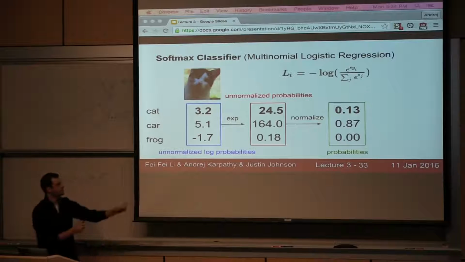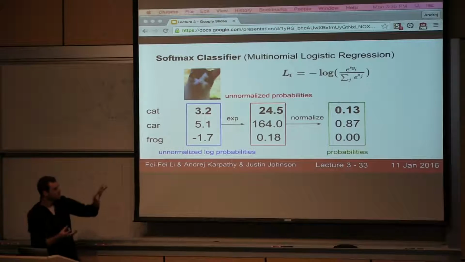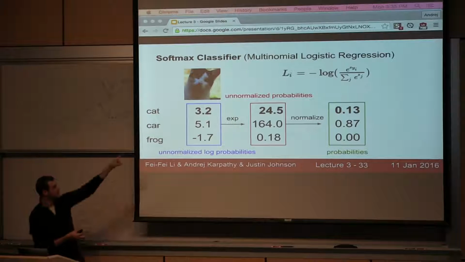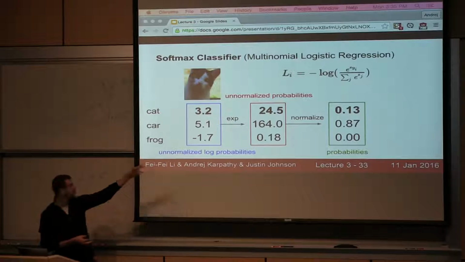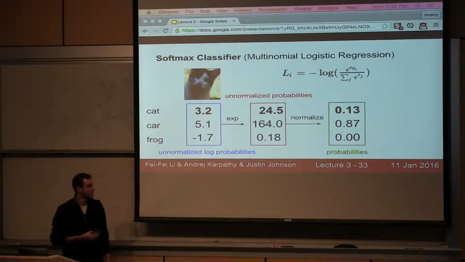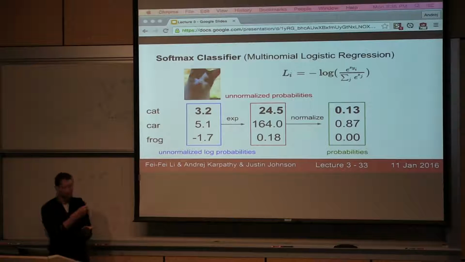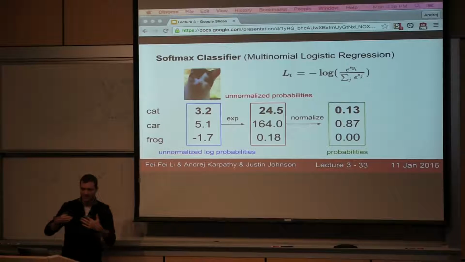So under this interpretation, we've carried out the set of transformations, and what this is saying is that the probability assigned to this image of being a cat is 13%, car is 87%, and frog is very unlikely, 0%. So these are the probabilities. Normally in this setting, you want to maximize the log probability, because it turns out that maximizing just the raw probability is not as nice mathematically.